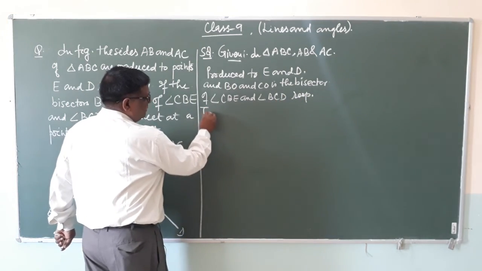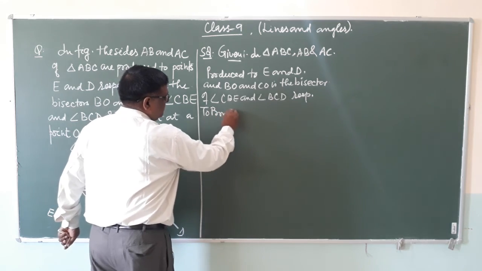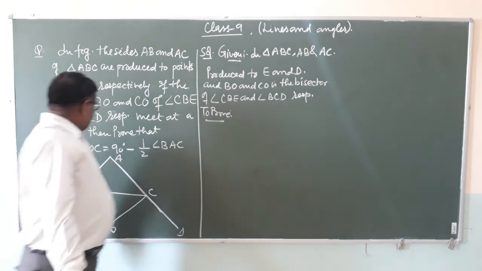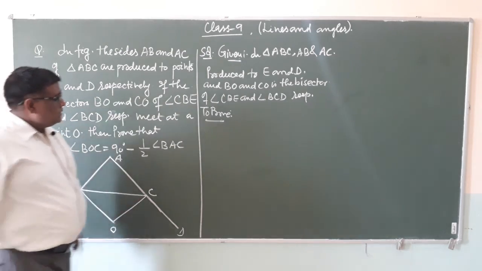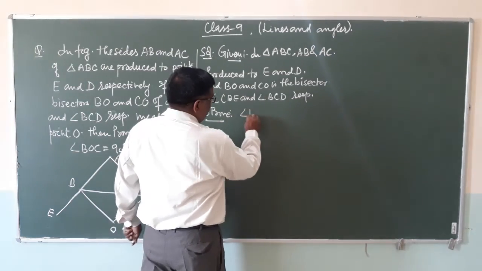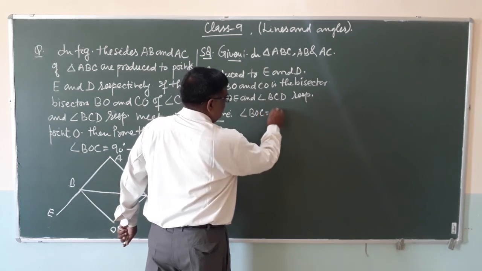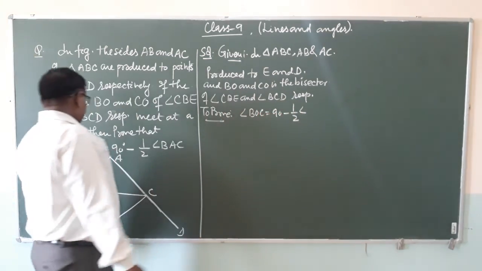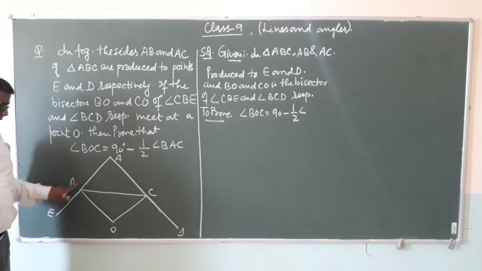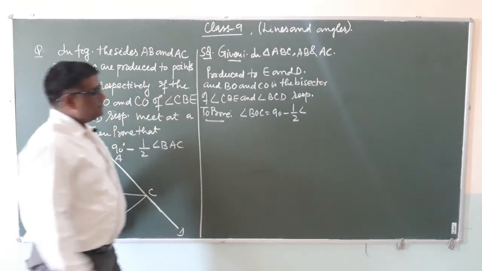And we have to prove angle BOC = 90 minus 1 by 2 angle BAC.